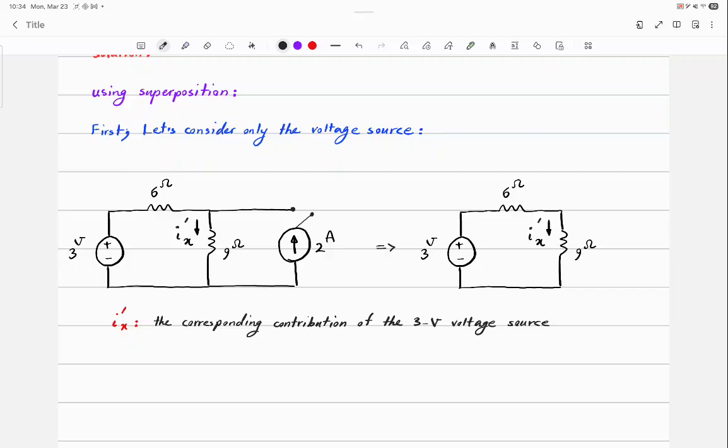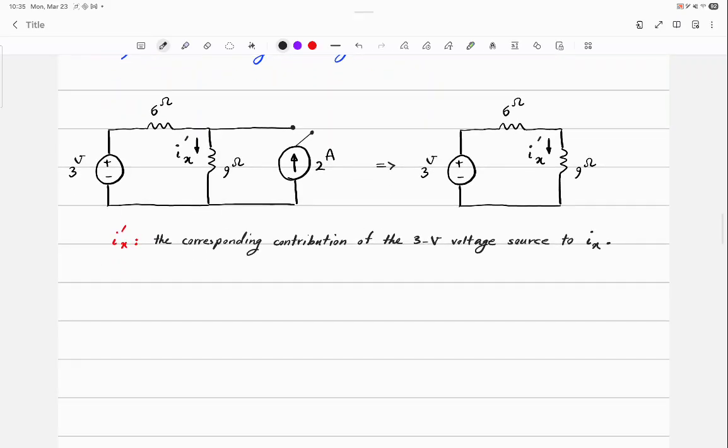To, right? Okay, to Ix. Now, see if that makes sense, if it is confusing, if there's any problem, need clarification, let me know. Does it make sense? So I prime x is the part of Ix that is due to the 3 volts voltage source.